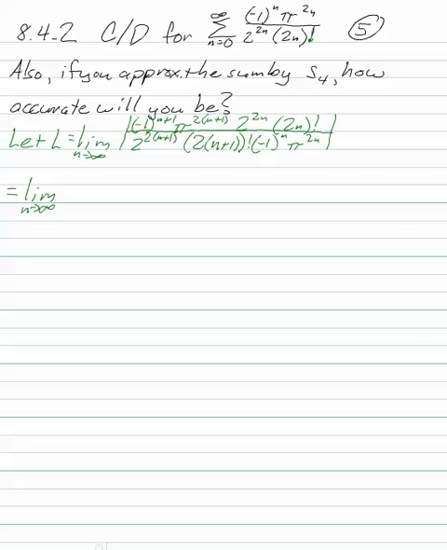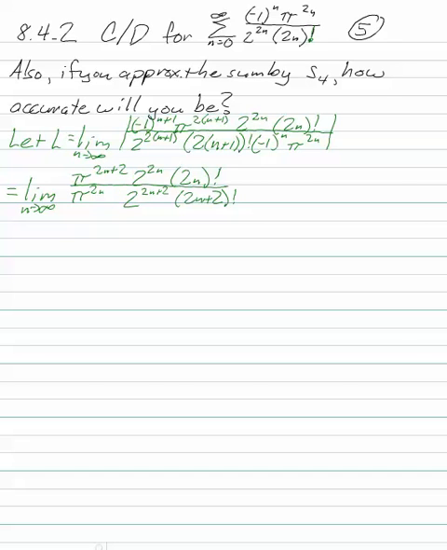We're going to compare like terms, so we've got pi to the 2n plus 2, 2 to the 2n, and 2n factorial. Since 2n factorial is the easier looking one, I'm going to leave it as is. The confusing one I'm going to start to write out, but not in this step. In the denominator, I've got pi to the 2n, and 2 to the 2n plus 2, and 2n plus 2 factorial.